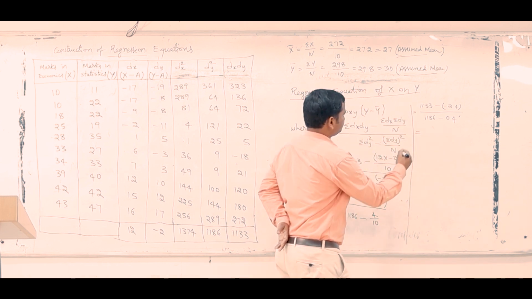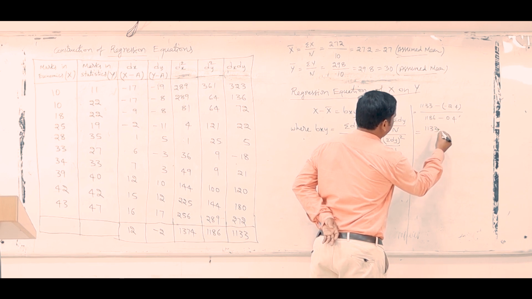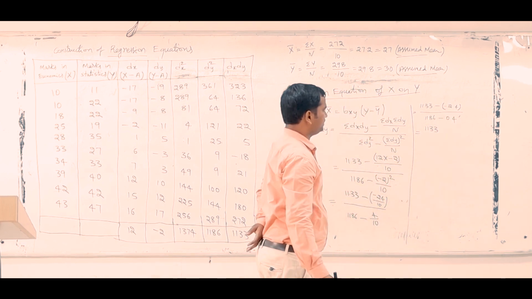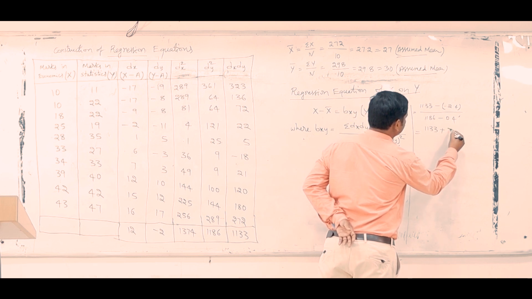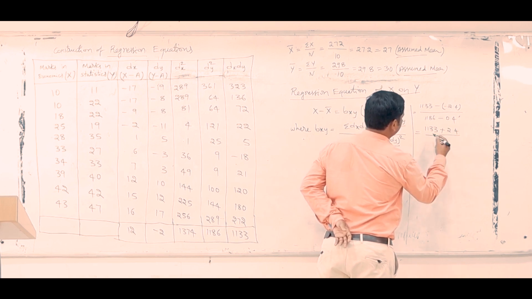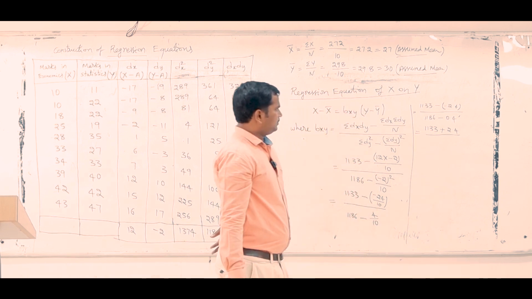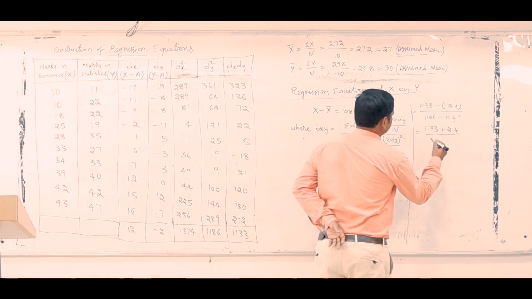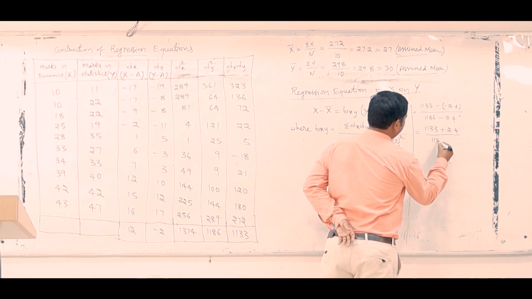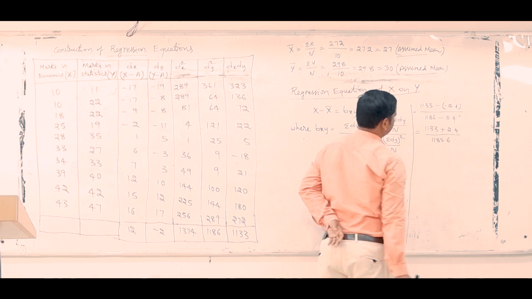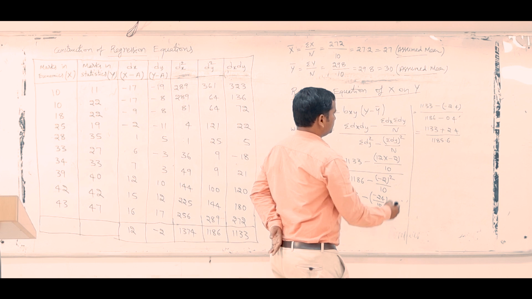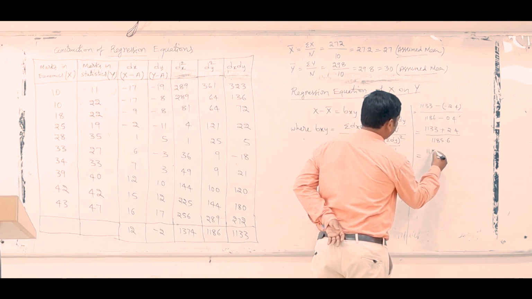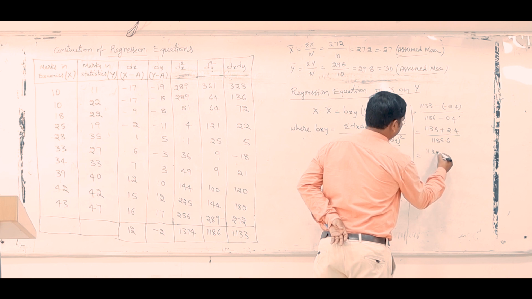Next step, it will be 1133. So here it will be minus into minus, it will be plus 2.4, divided by 1186, from which you should deduct 0.4, it will be 1185.6. So finally it will be 1135.4 divided by 1185.6.